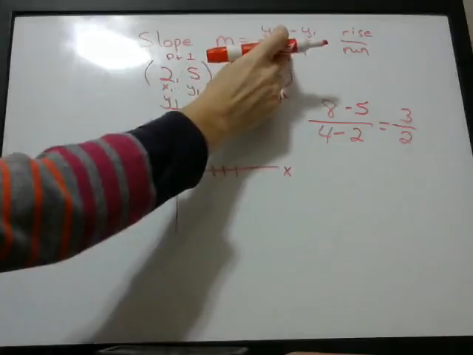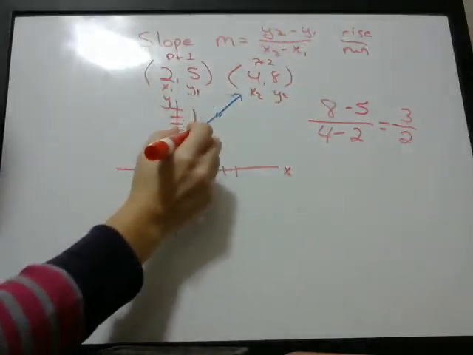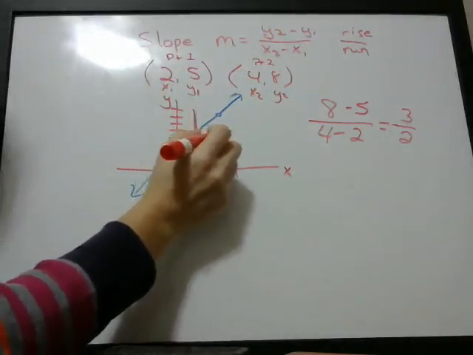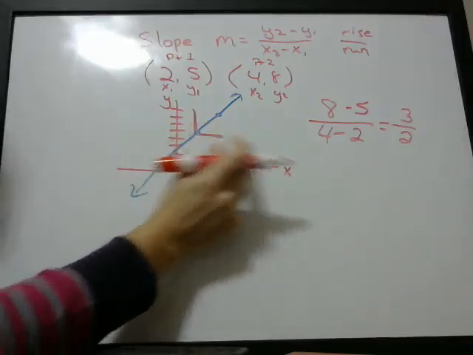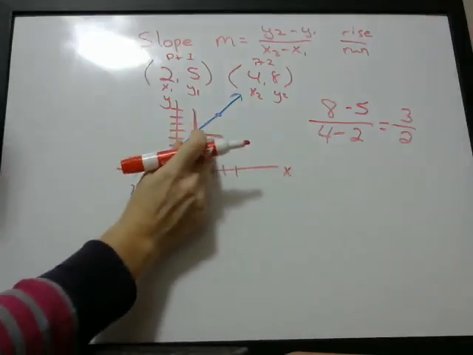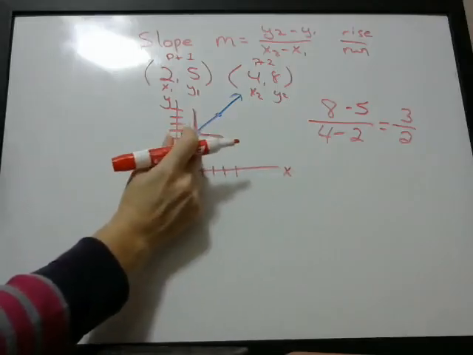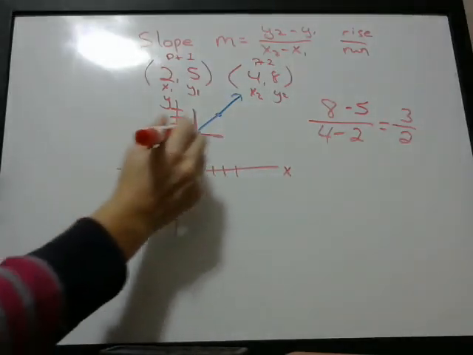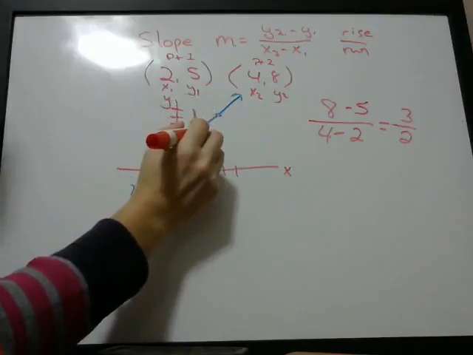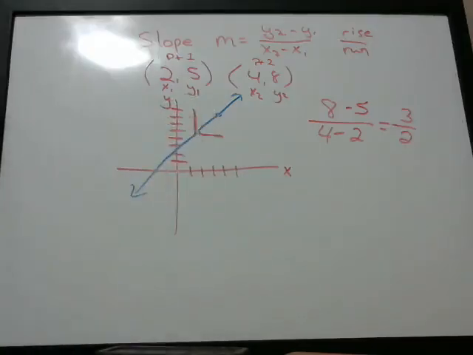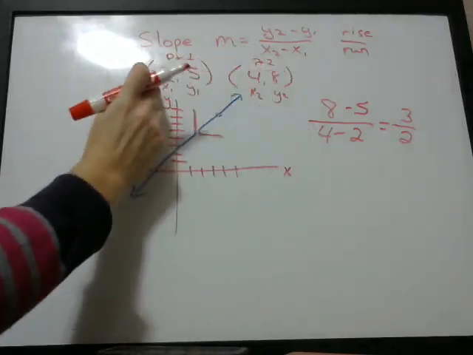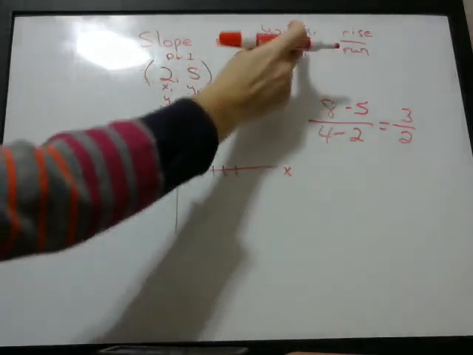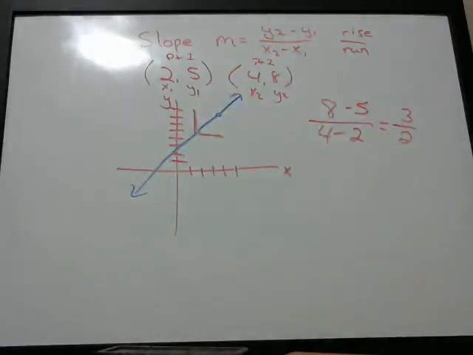And then we're doing the run part, where we're finding the difference across the x component, because we're subtracting this x component from that x component. So we're taking the difference in the rise and dividing by the difference in the run. And that's why it's called rise over run. But really, all you need to do is, when you're given 2 points, label them appropriately, put them in the formula, and you're going to get the right answer.